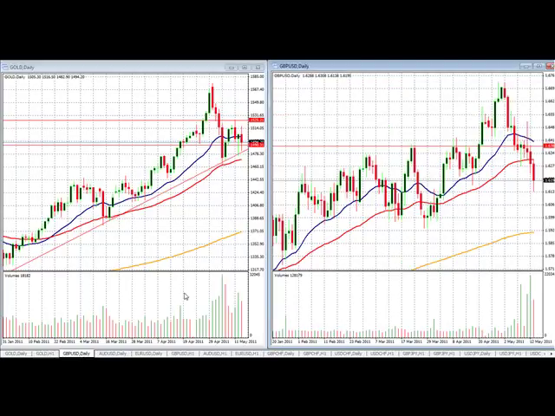Now, when we compare gold to the pound dollar, we can see that the pound dollar is coming back into this big consolidation range. If I grab my little horizontal trend line here, you can see this big range that we're back in. So there's certainly a lot of arguments that the pound dollar may be heading down here to the 200 by the time it gets down there.